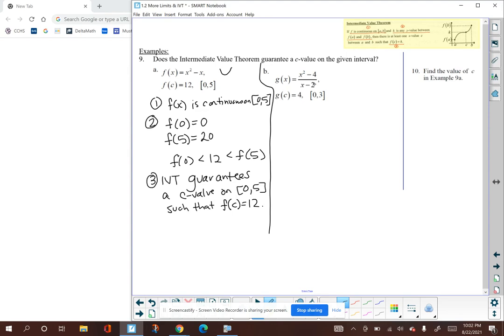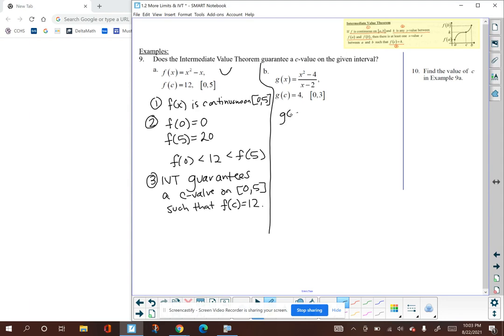So we've got function g, x squared minus 4 over x minus 2. g of c is 4, and we are on the interval from 0 to 3. If you look at this function, you might notice that there is a vertical asymptote or some behavior at 2 that makes this function not continuous. And that's what we would just say.